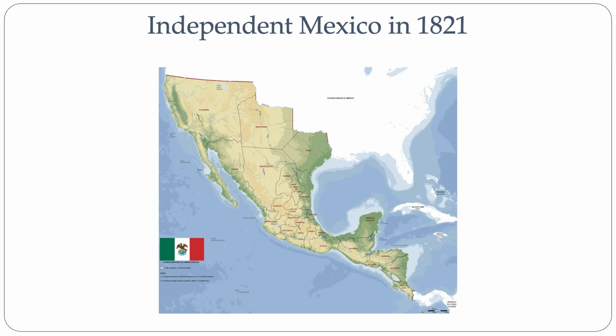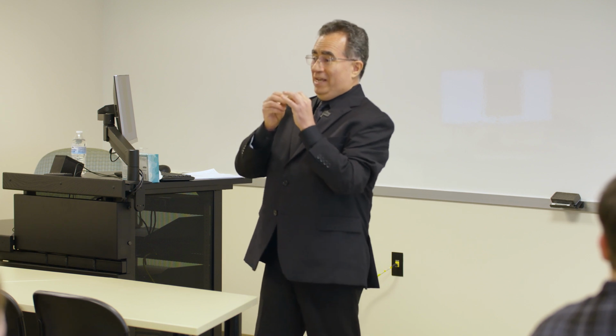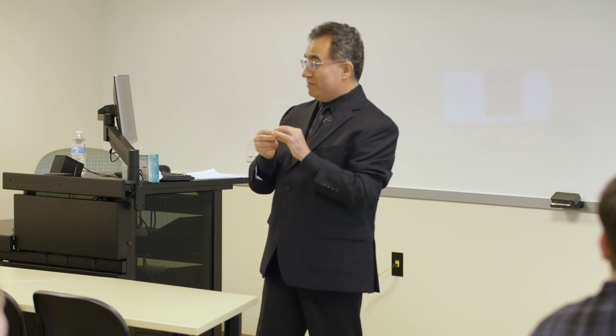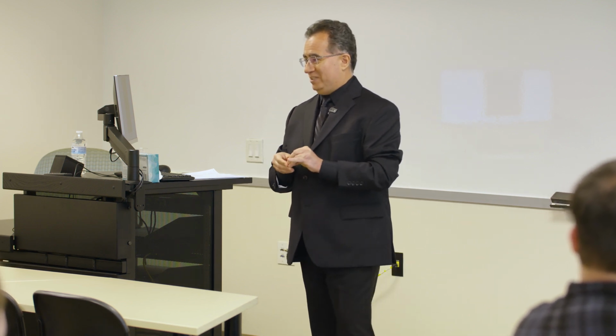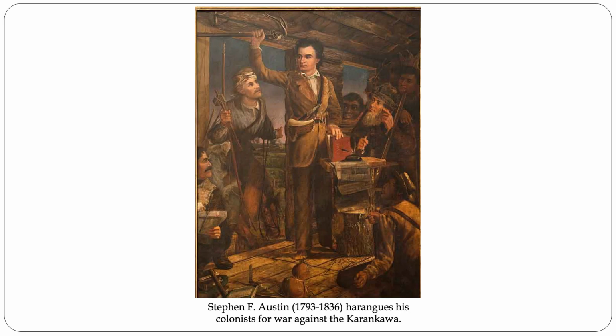Actually, the agreement they made is they were going to learn Spanish, become good Catholics, defend the Mexican nation against foreign attacks, and promote the abolition of slavery. They do none of the above. Actually, they immediately start bringing slaves against Mexican law. And that is implied in this painting. There's a slave here in the back, right behind Stephen F. Austin.